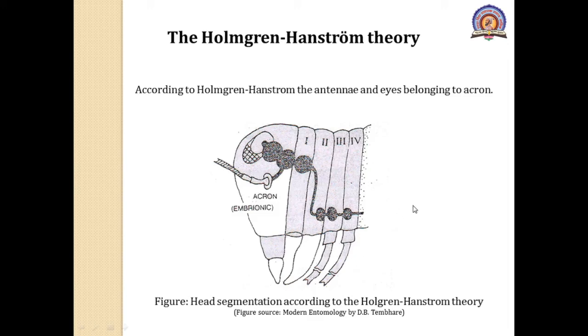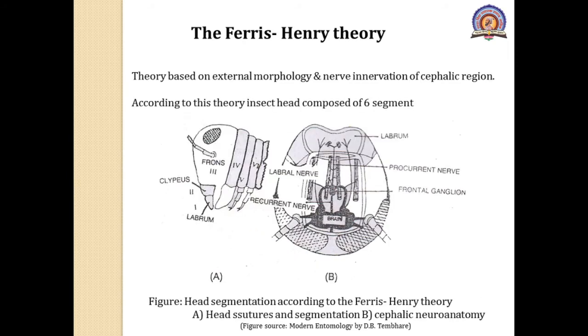According to this theory, there are only 4 segments which compose the insect head. And the last theory is the Ferris-Henry theory. Ferris and Henry brought forward a theory of head segmentation on the basis of external morphology of the head of an adult insect and the annelid, and they also considered the nerve innervation of the cephalic region.